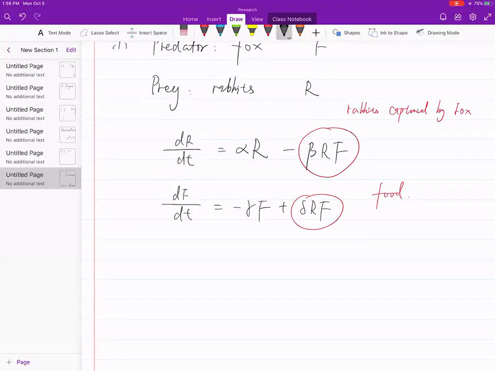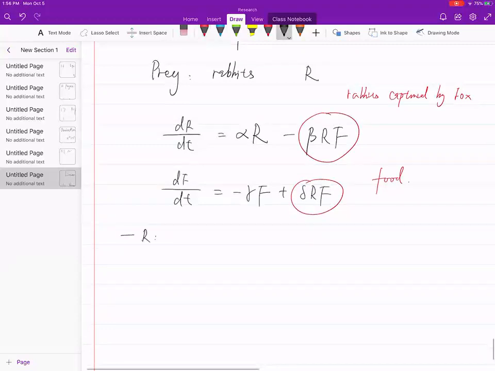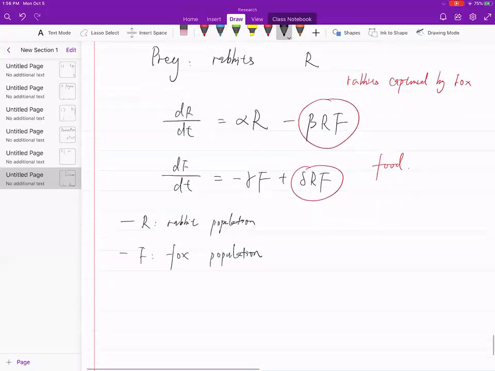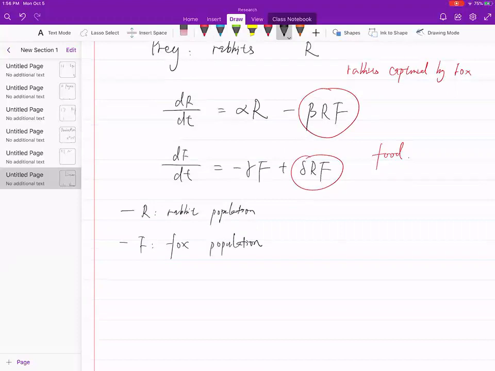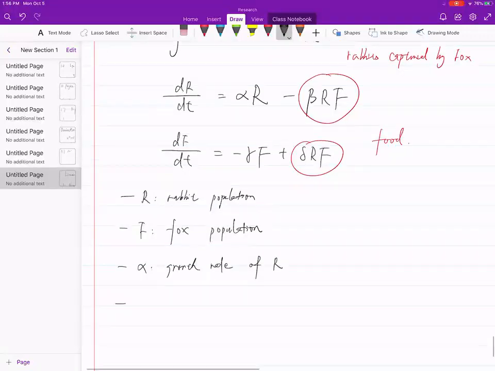Okay. Several things. R stands for rabbit population. F stands for fox population. Okay. Alpha is the growth rate of rabbit. Your gamma is going to be the death rate or decay rate of fox.